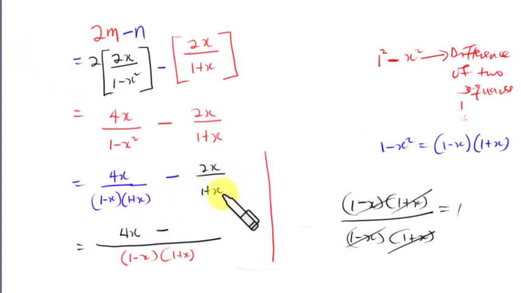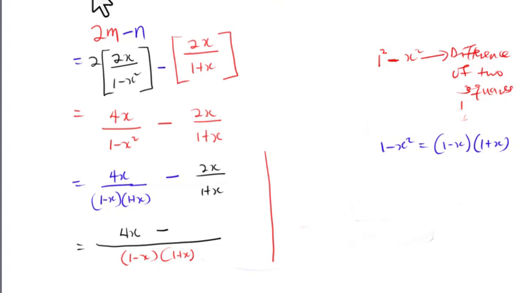So 1 plus x divides the LCM. What do we get? Now let us also look at that one here. So that is the LCM, I'm going to write it: 1 minus x, 1 plus x. So we are saying that 1 plus x divides this, it goes into this how many times?